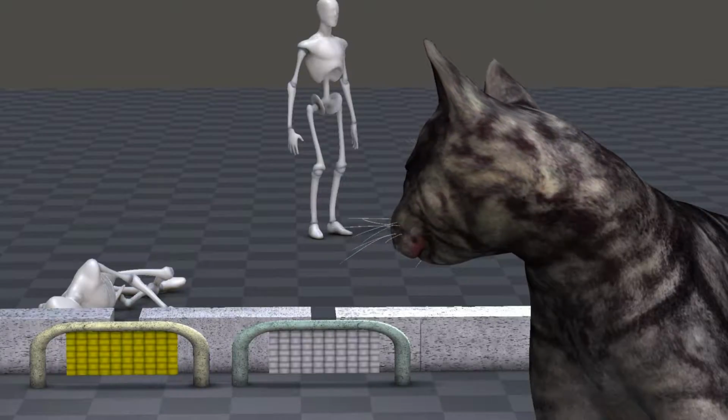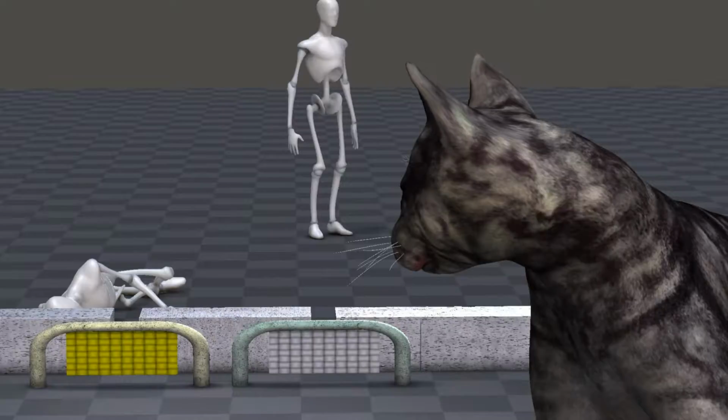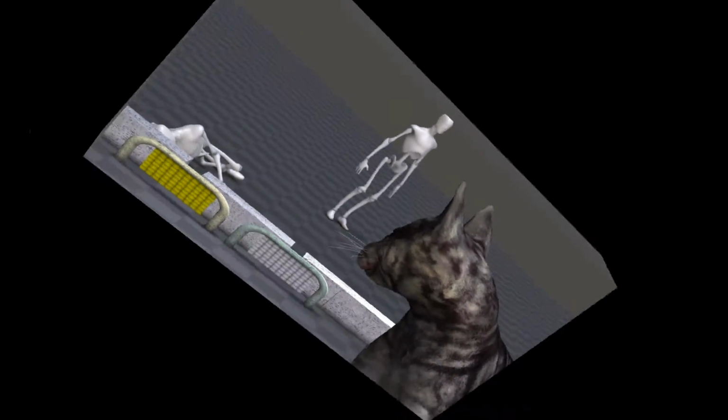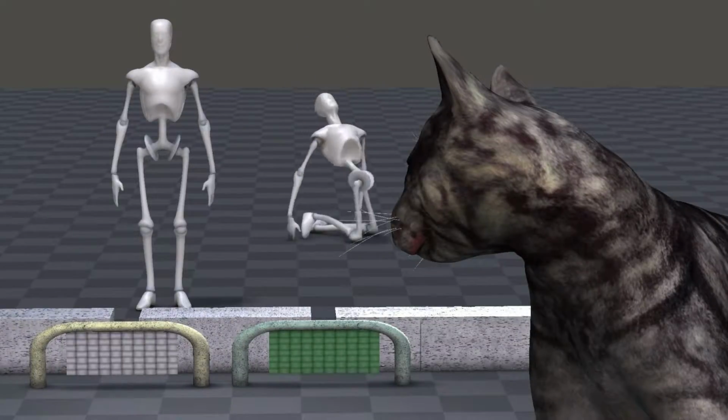Suppose we place an object behind each of the two holes. The marble will knock down one of the two objects, depending on which hole it passes through.